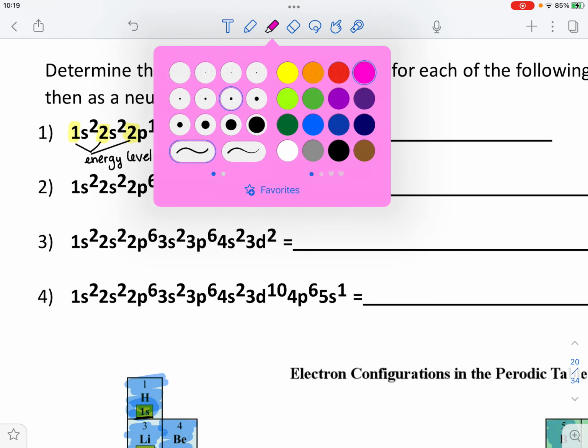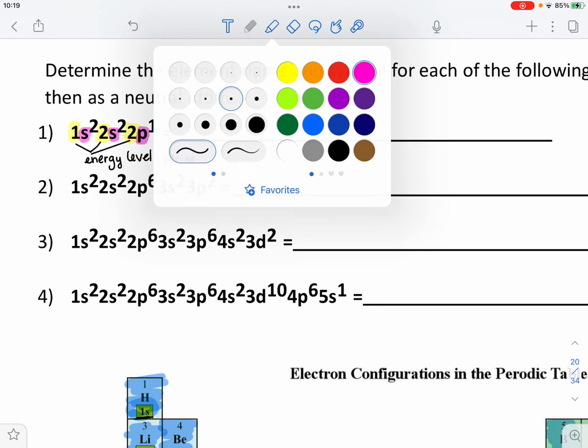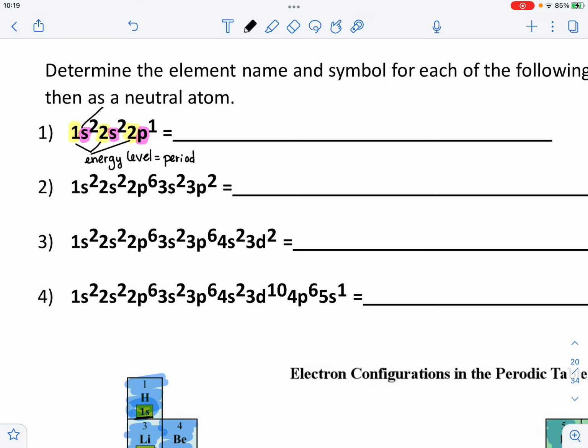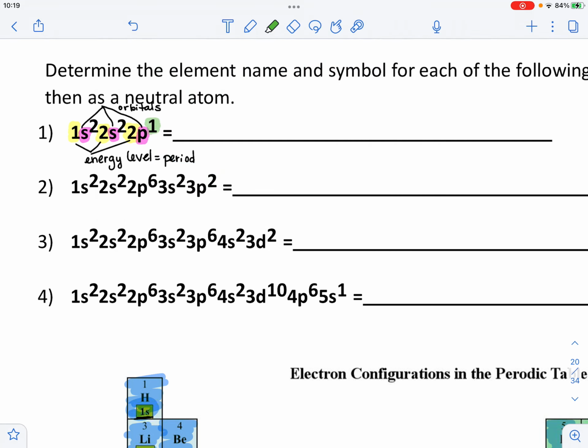The letters that I'm highlighting in magenta, those are going to be the orbitals themselves, S versus P. Lastly, in green, I'm highlighting these digits.